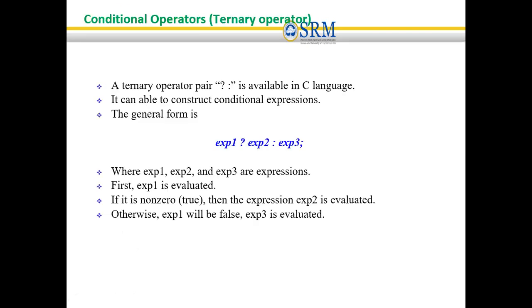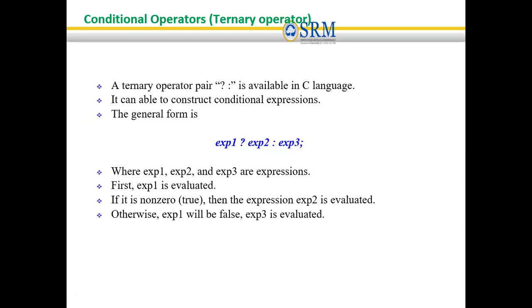The next operator will be the conditional operator. This conditional operator is also called the ternary operator. A ternary operator is the pair of question mark and colon symbol. It is available in the C language.